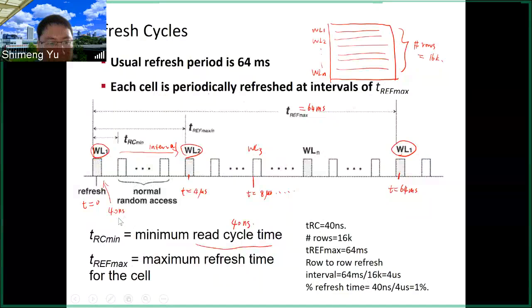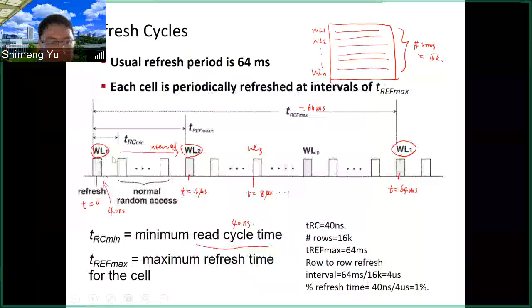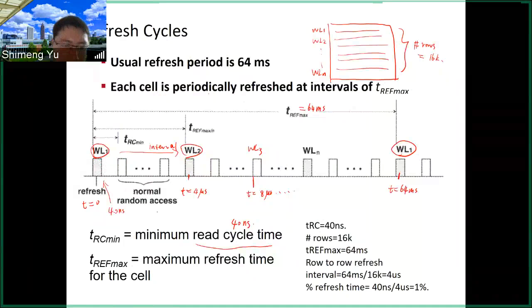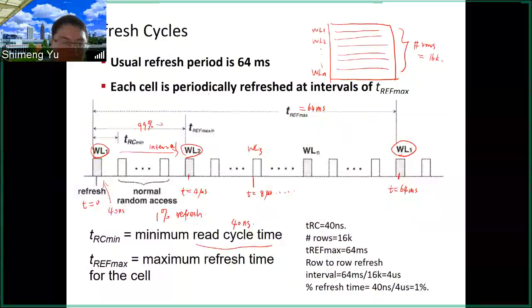So here we look at the percentage of the time that is used for the refresh. In this time interval, let's say 4 microseconds, you spend 40 nanoseconds to refresh one row. That means 1% of the time is for refresh. The rest, 99% of the time, is for your real operation.